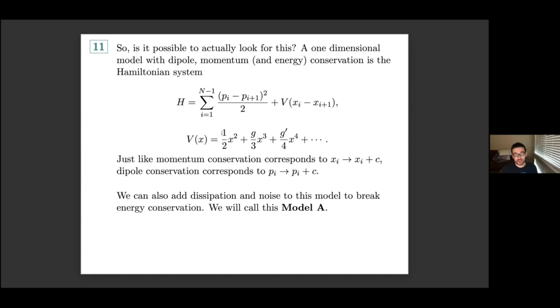Now, this theory being Hamiltonian has energy conservation, and if we want to be really strict, we don't want that. So we can just add noise and dissipation to this model: write down Hamilton's equations and add some noise that breaks energy conservation, and we'll call that result model A. Strictly in practice, we're typically going to turn off the noise.